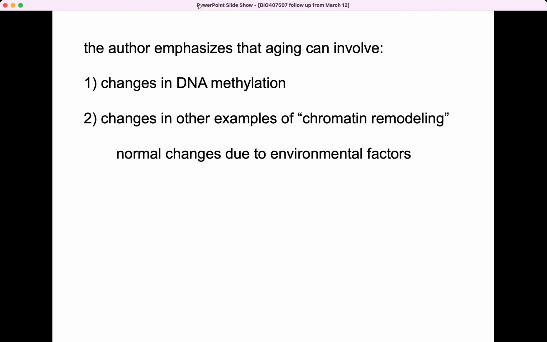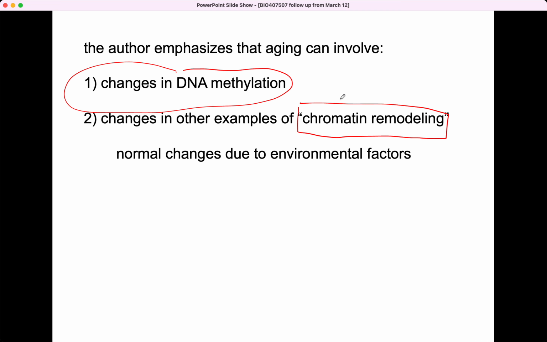So in this, I just want to help navigate through this new reading. There's those pieces of DNA methylation. And lots of people consider DNA methylation an example of something called chromatin remodeling. Chromatin is just the DNA with the proteins bound to it. And because it's a modification of DNA, some people include DNA methylation as an example of this chromatin remodeling.